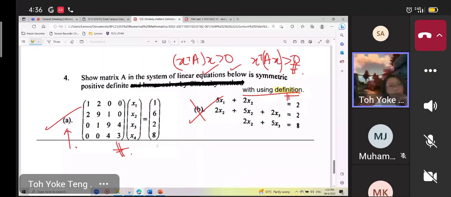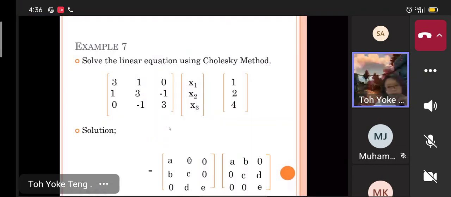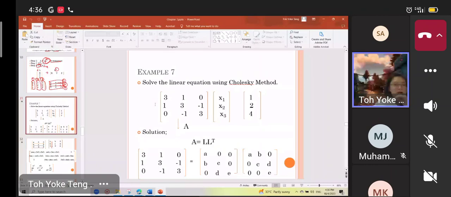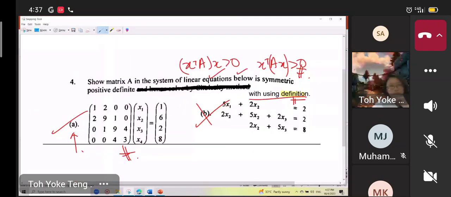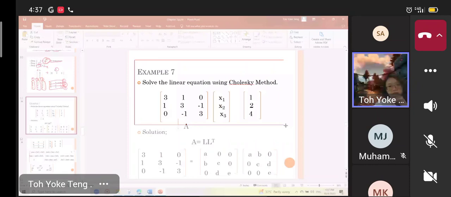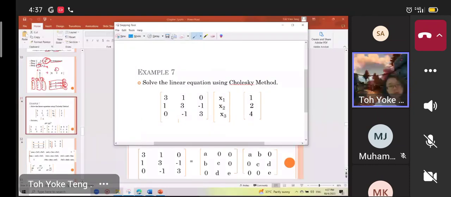Moving to the next example, as refers to here, this matrix I already shared with you how to show that it is symmetric positive definite. Referring to this question, it only asks you to solve it, so you don't need to prove it, you just proceed to the calculation.